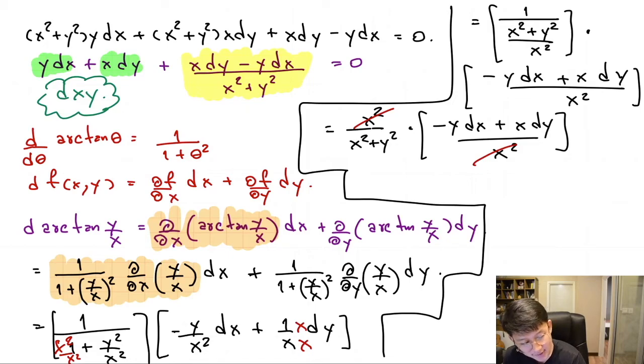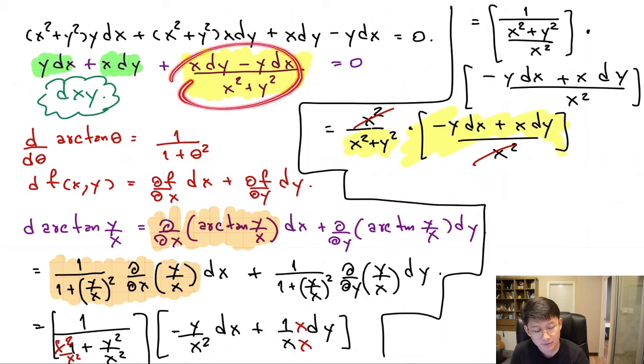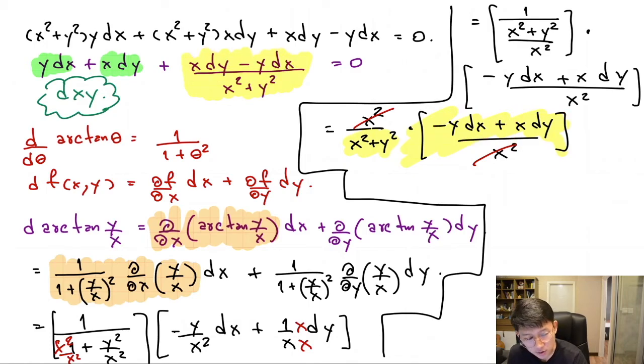And guys, this yellow thing is actually this guy, if you compare, right? x squared plus y squared, x dy minus y dx. See? So this guy is actually d of arc tan of y over x.